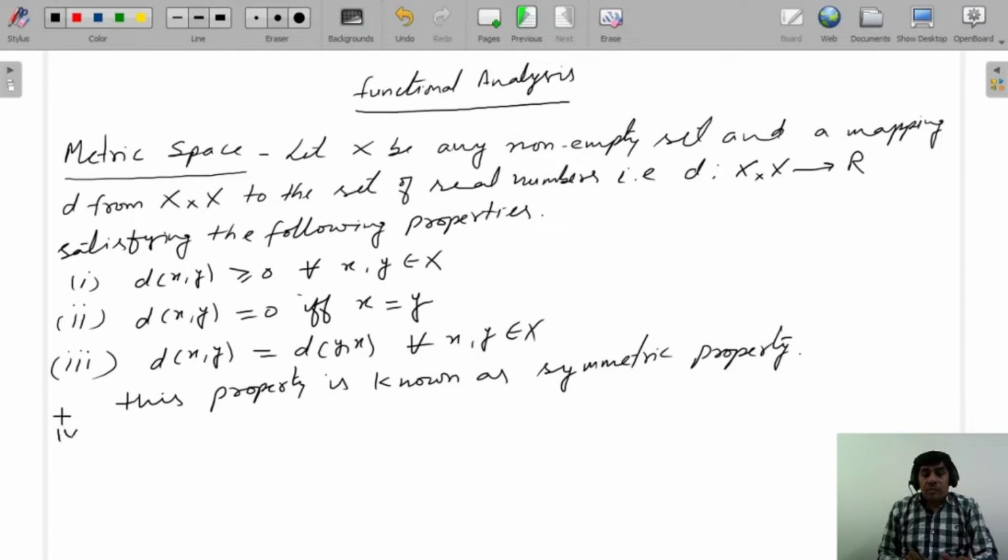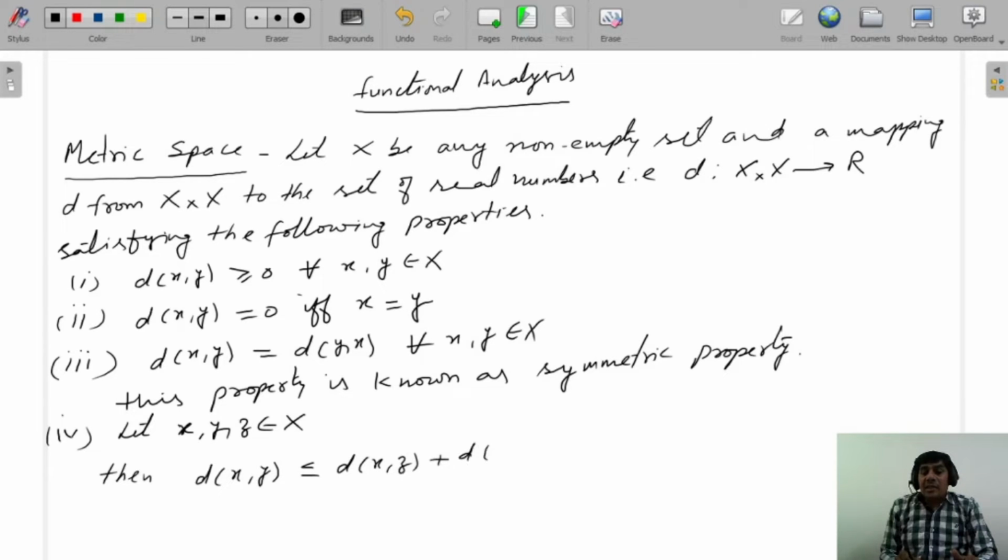Fourth, let x, y, z belong to capital X. They are any three elements of capital X, then d(x,y) is always less than or equal to d(x,z) plus d(z,y).